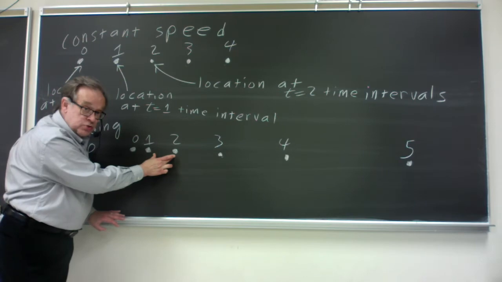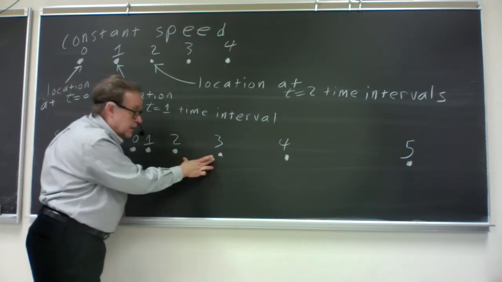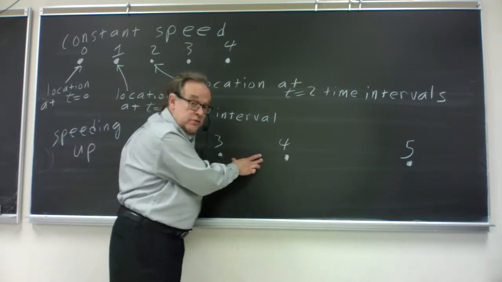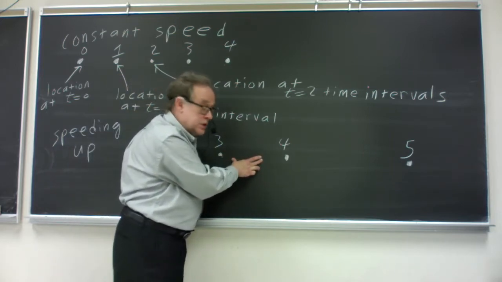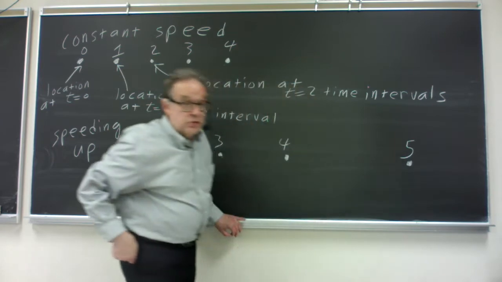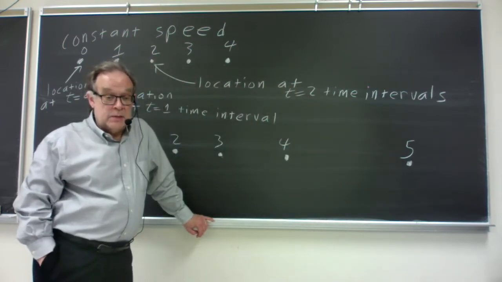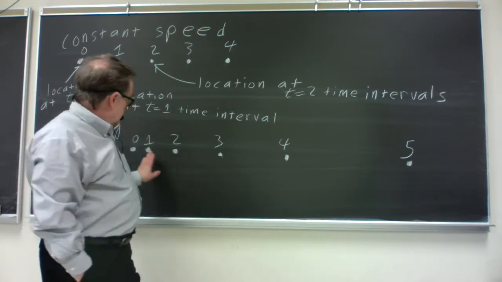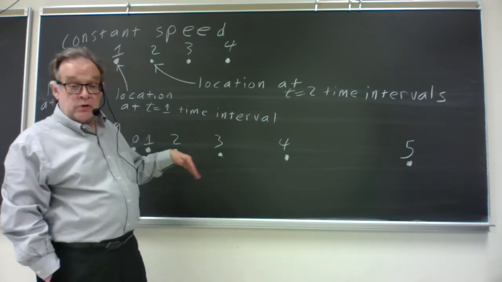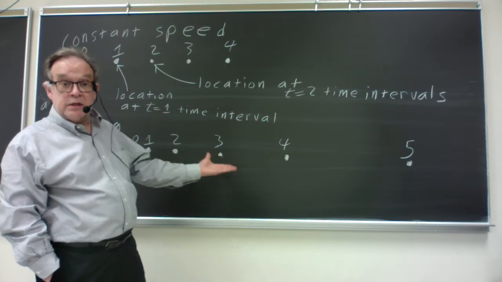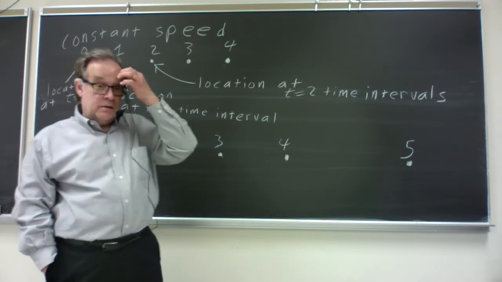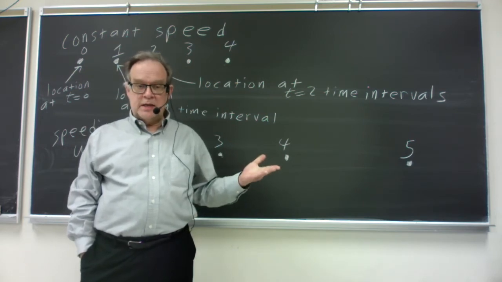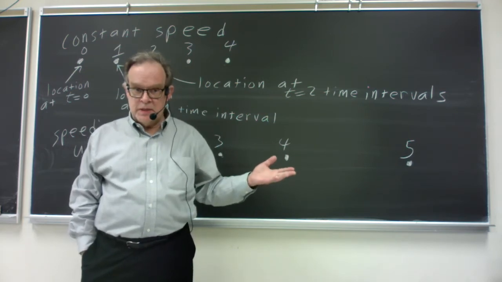Here's a bigger distance during the second, an even bigger distance during the third, an even bigger distance during the fourth, and an even bigger distance during the fifth. As time goes by, the object is traveling a greater distance in the same amount of time. Going farther in the same amount of time is just another way of saying that the object is speeding up.